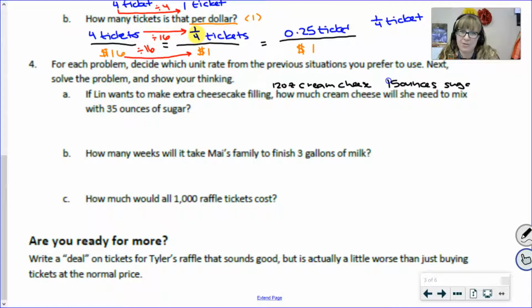Just going to write it down here so that it's easy for me to see and I won't have to keep scrolling back up. The question is asking how much cream cheese will she need to mix with 35 ounces of sugar. So this is asking a different question than we saw up above.